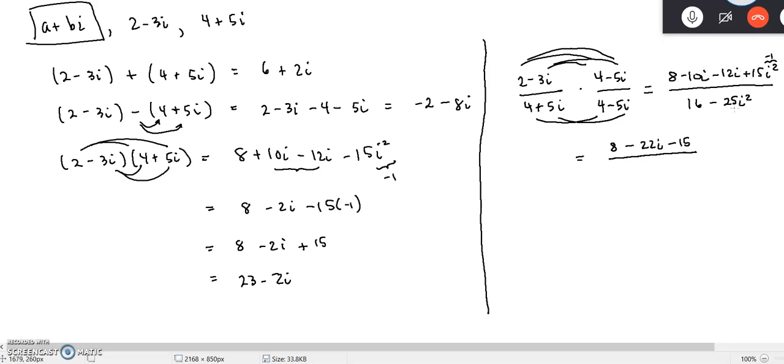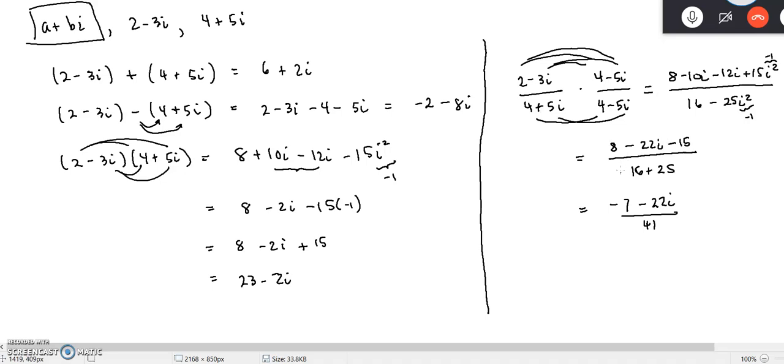On the bottom, we've got, again, this is -1. We're going to have 16 plus 25. Okay, so I'm replacing those i squareds with a -1. That's going to change the sign out front. So on top, we can put these together. We're going to get -7 minus 22i over 41.